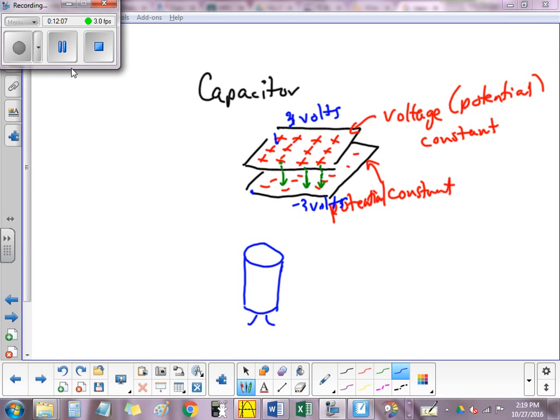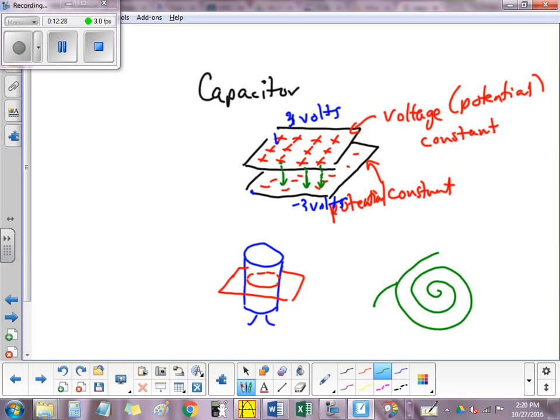So the idea is if more area produces more field and ultimately more of a discharge, why not take the plates and wrap them around each other in a spiral fashion? So if you cut this open like this, you'll notice something. The plates are actually wrapped around in a spiral like this.